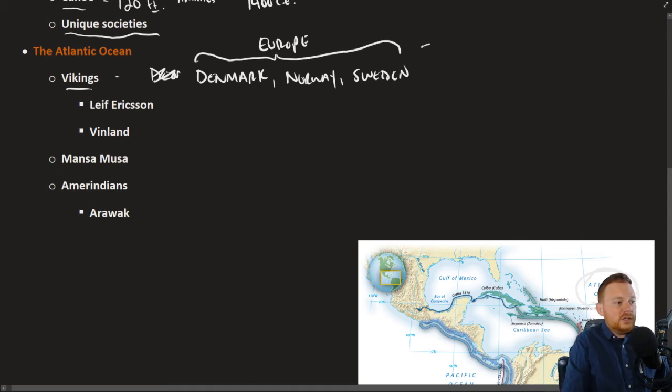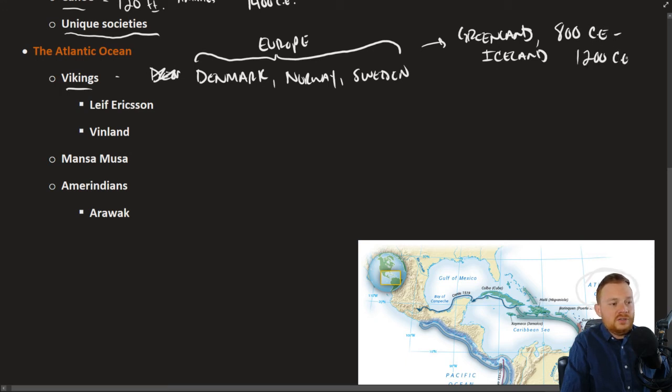And the Vikings traveled to islands like Greenland, Iceland. They, of course, traveled all over Europe during the Middle Ages. Viking explorations range anywhere from 800 CE till about, we'll say, around 1200 CE. So for 400 years the Vikings were very much active.